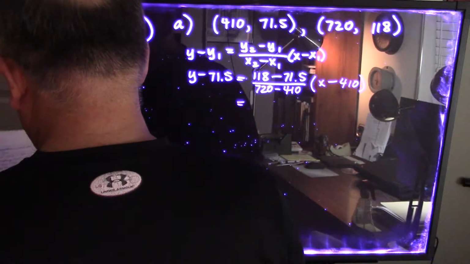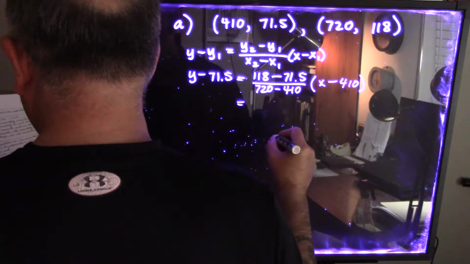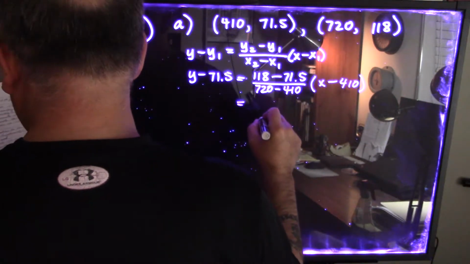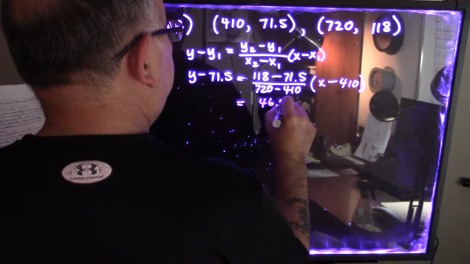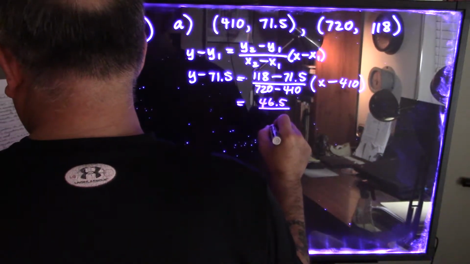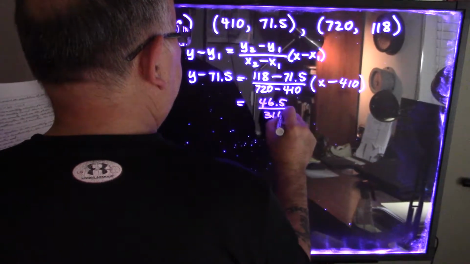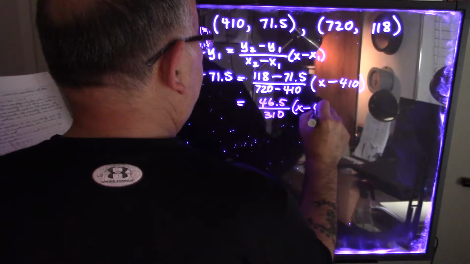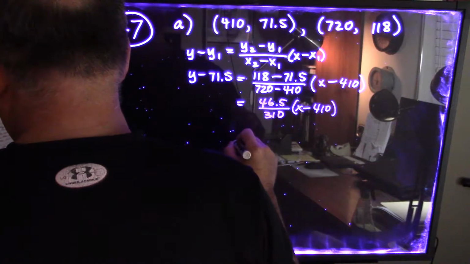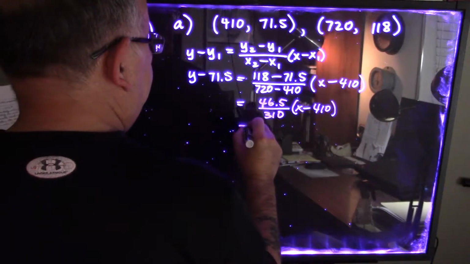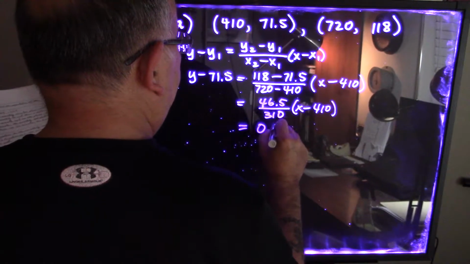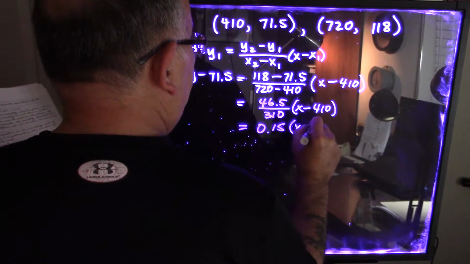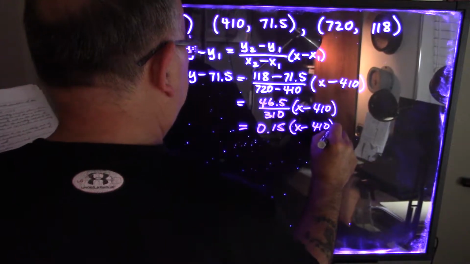So we can focus on the right hand side of the equation and simplify this fraction. 46.5 over 310 times the quantity x minus 410, and the fraction simplifies to 0.15 times the quantity x minus 410.